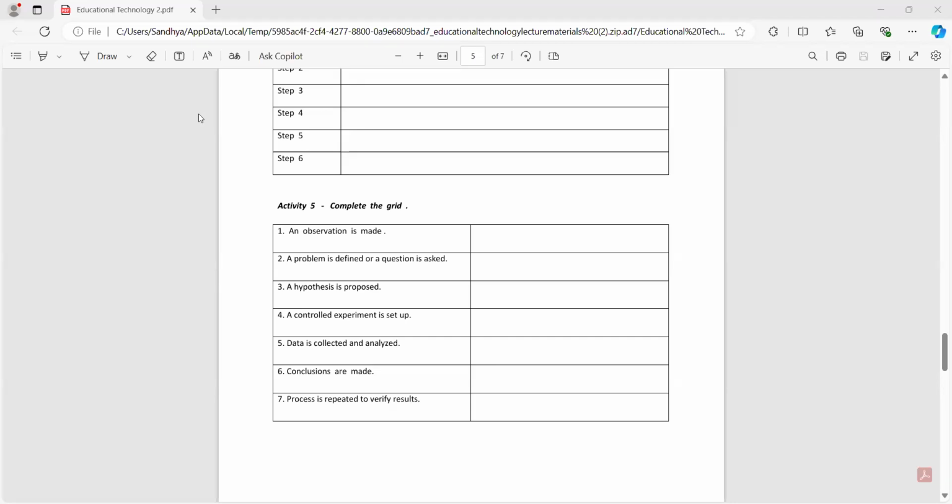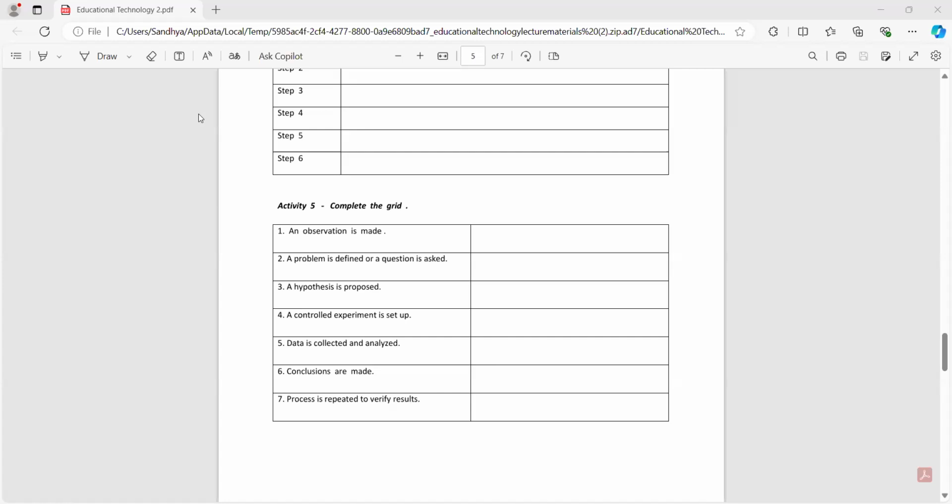And fourth step, the controlled experiment: beehives placed in different areas in the country under different weather patterns. And fifth one, data is collected and analyzed, that is, put 10 beehives in different areas with different kinds of forest.